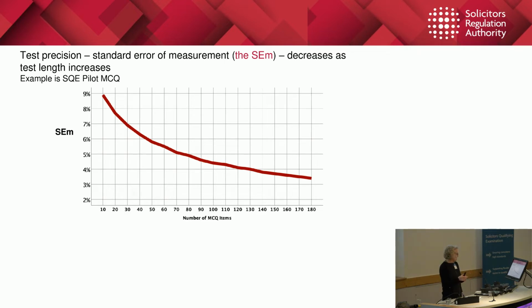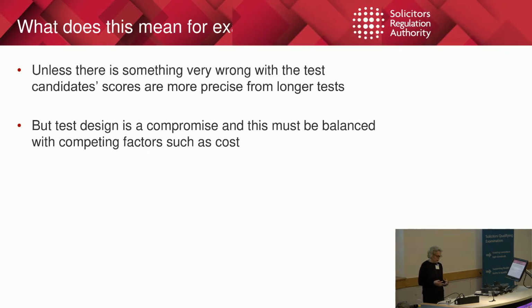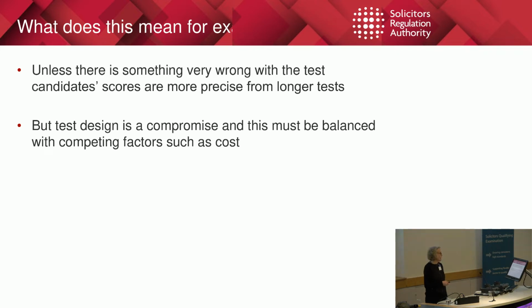At 180 questions, you've got a standard error of measurement of just over 3%, which is generally considered acceptable. So for exam design, longer tests are more precise than shorter tests, but exam design is a compromise, and the exam has to fulfil the very high quality statistics that are expected of a professional licensing exam.